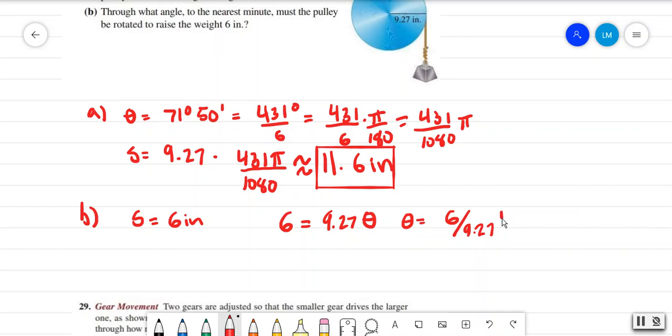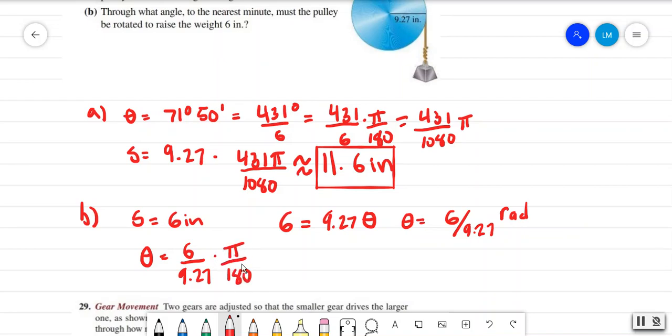Now notice that this is in radians, okay? So we can convert this into degrees. So we have theta equals 6 divided by 9.27 multiplied by pi over 180.